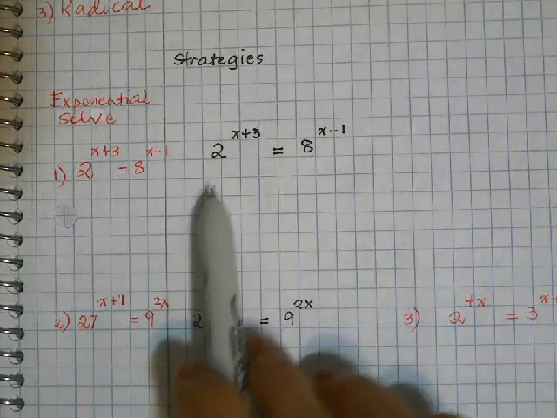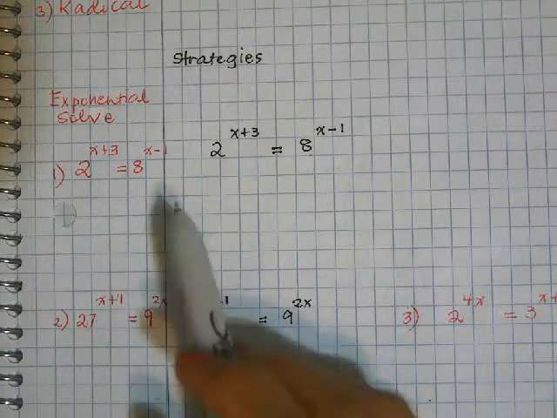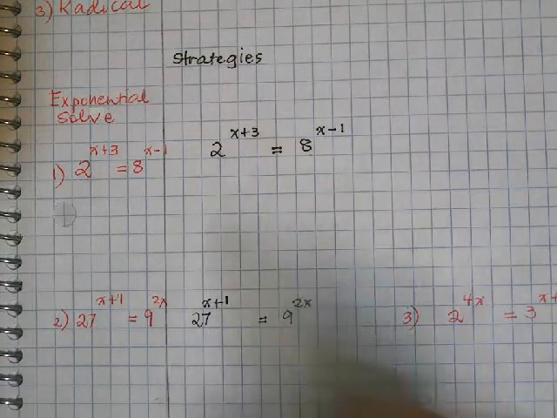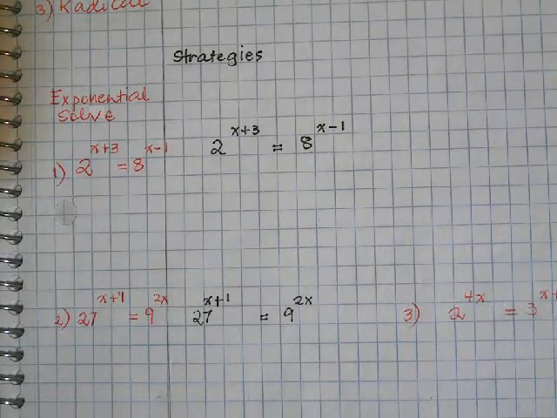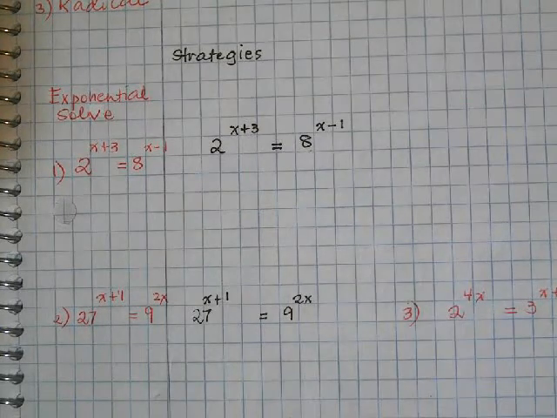Let's look at this one here. 2 and 8 are our bases. You try to see if 8 is a power of 2. We can make both into base 2; making 2 into base 8 would be difficult.